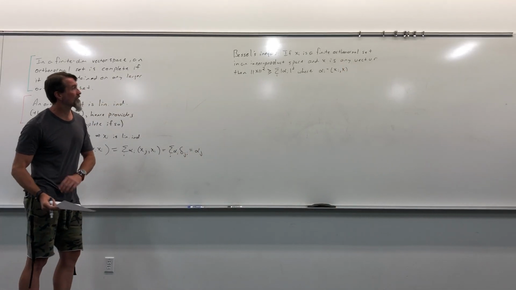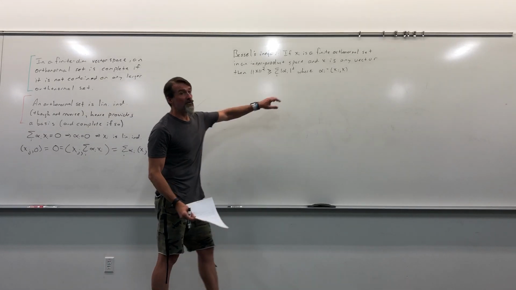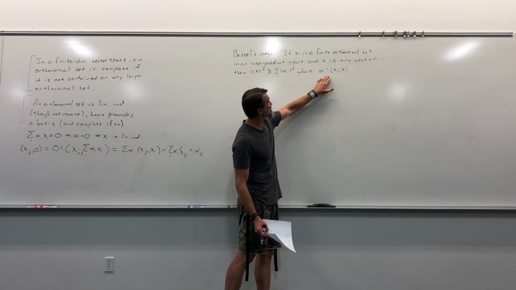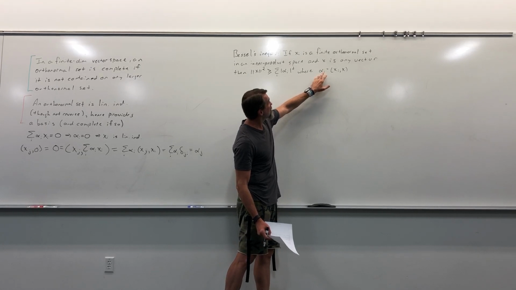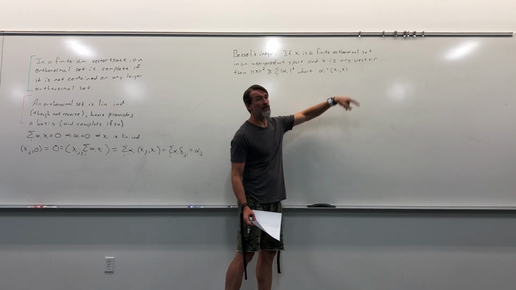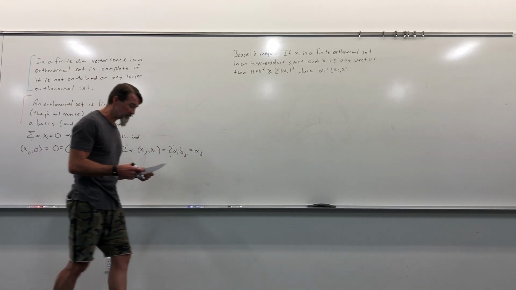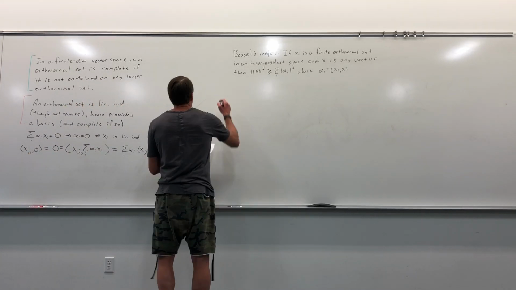Okay. This is an orthonormal set, so if you have an expansion of x in terms of the basis, then you can pick off the coefficient just by taking the inner product of a basis vector with the full vector. You should be familiar with this from the dot product. Okay.